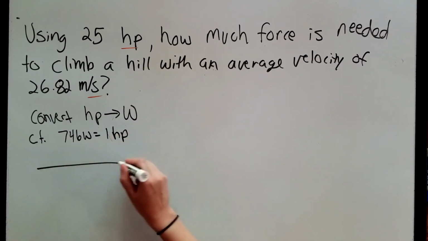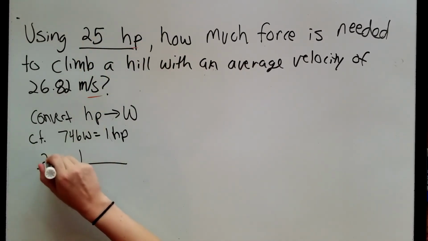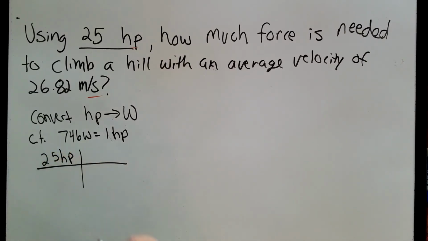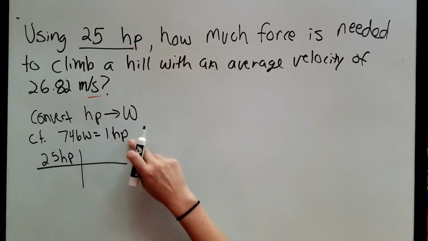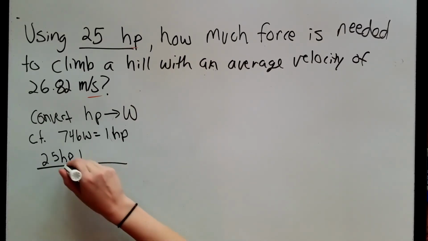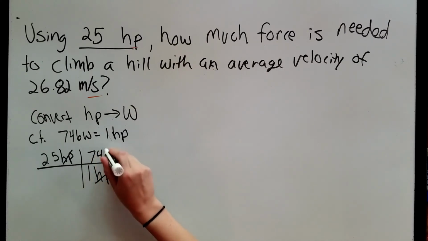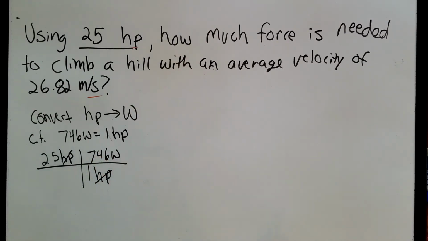I do my railroad tracks. What number is going to go up in this upper left-hand corner? It's the number I'm trying to convert, which is the 25. So this time, the 1 horsepower is going to go on the bottom because I'm trying to get rid of horsepower, so I need them on opposite sides of that horizontal line. This is going to cause my watts now to be on top.